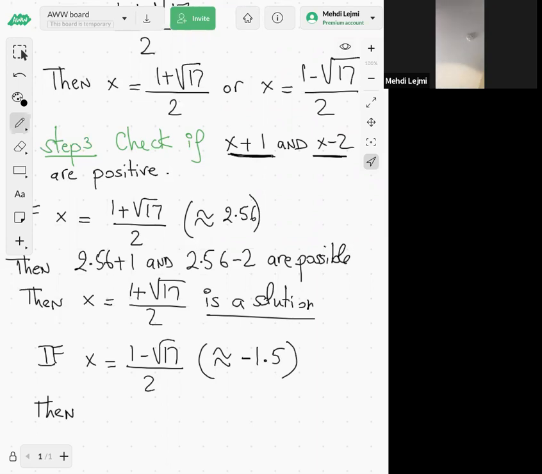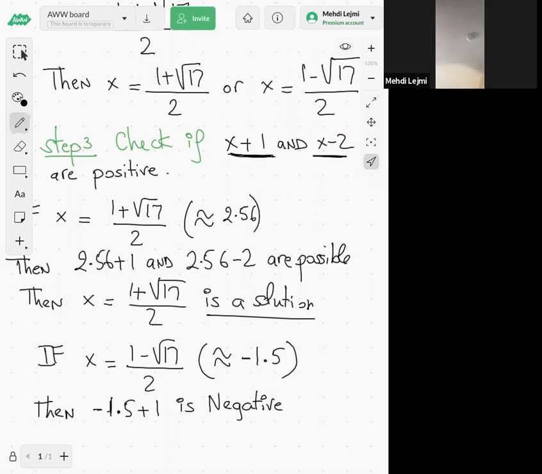So negative 1.5 plus 1 is negative. If x plus 1 or x minus 2 is negative, then this solution must be rejected.